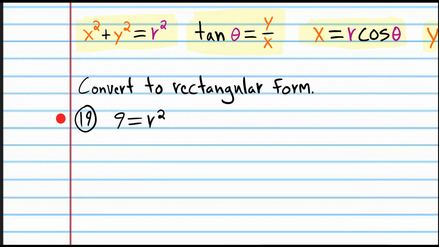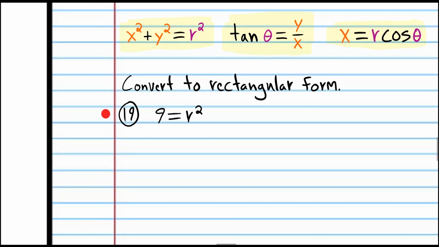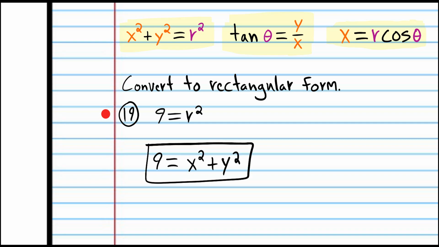We're starting out with an easy one. This equation is in polar form because we have an r. We want to convert so that there's only x and y variables rather than the r variable. Notice up here r squared is x squared plus y squared, so we can just replace r squared with x squared plus y squared, and we're done.